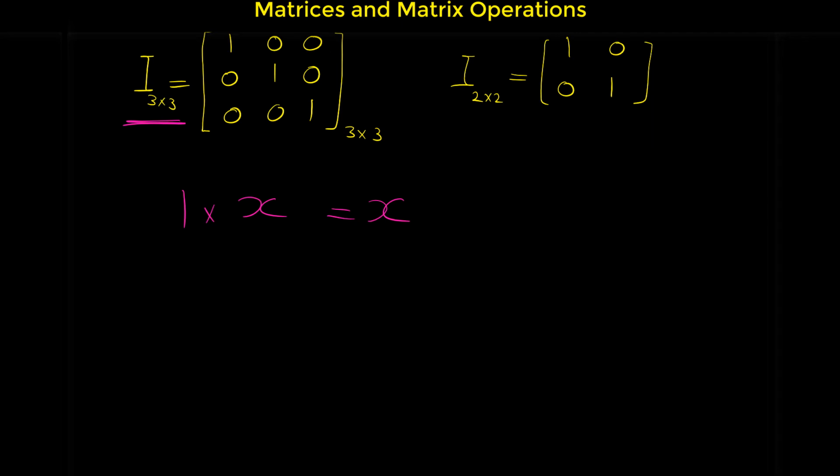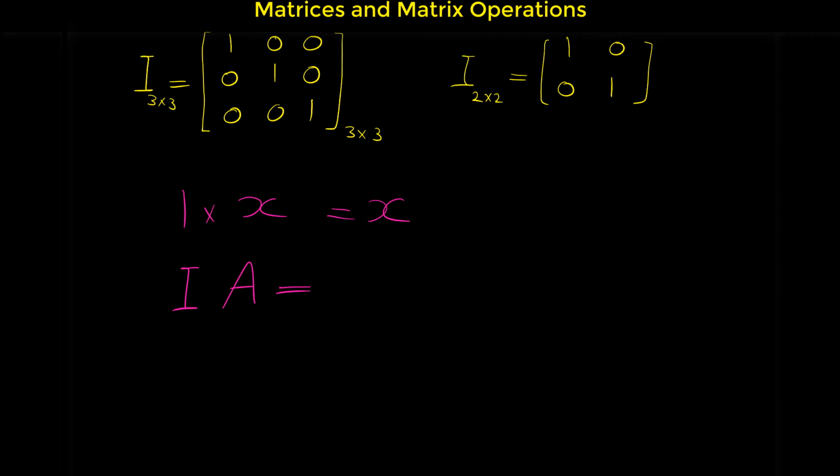The identity matrix has the same role here, which means that if we multiply the identity matrix by any other matrix, say A, of course if we can multiply it. Later we will learn how to multiply two matrices, but for now suppose you know how.